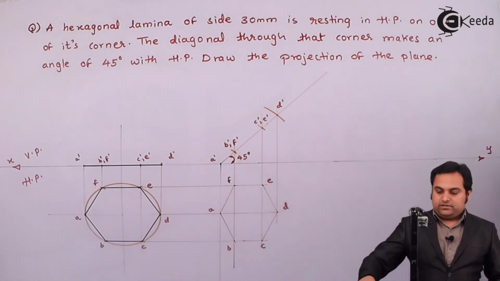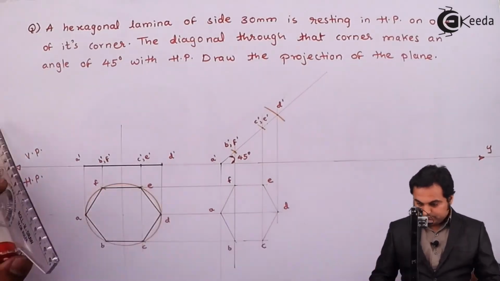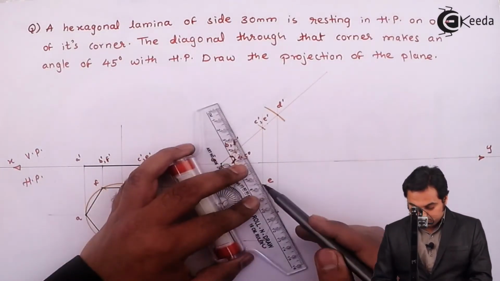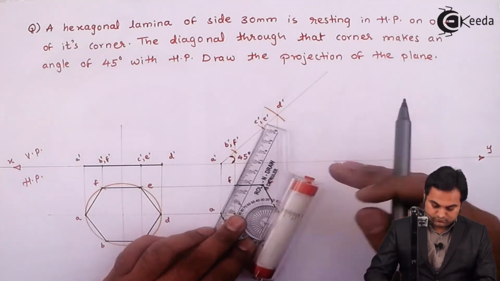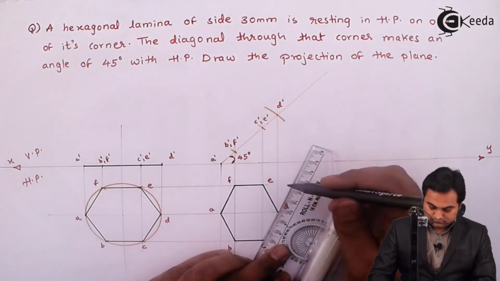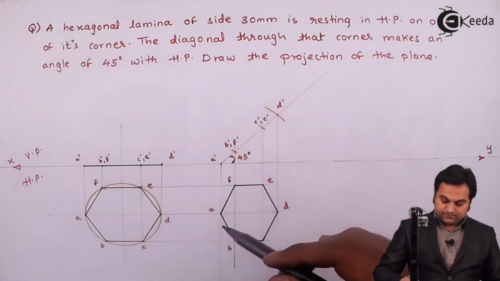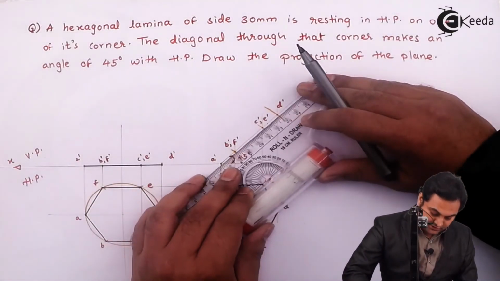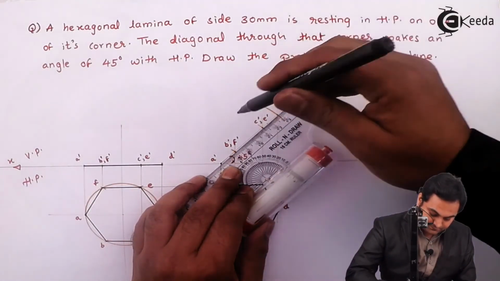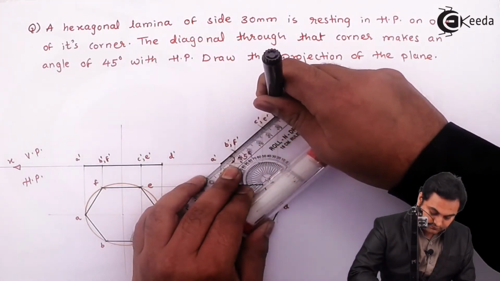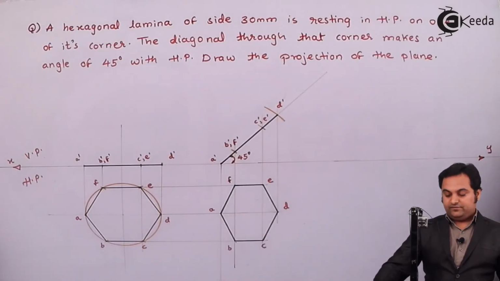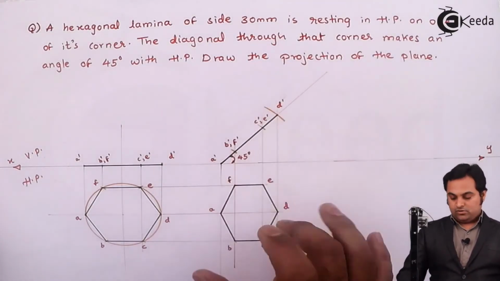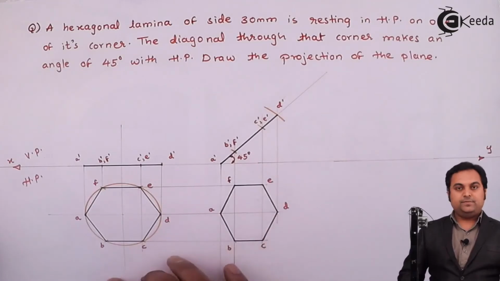Then I'll make it dark. Next, I'll draw this line dark in the front view. So this is the hexagonal plane as we see it from the front. It is an inclined line. Looking from the top, here the shape has changed.